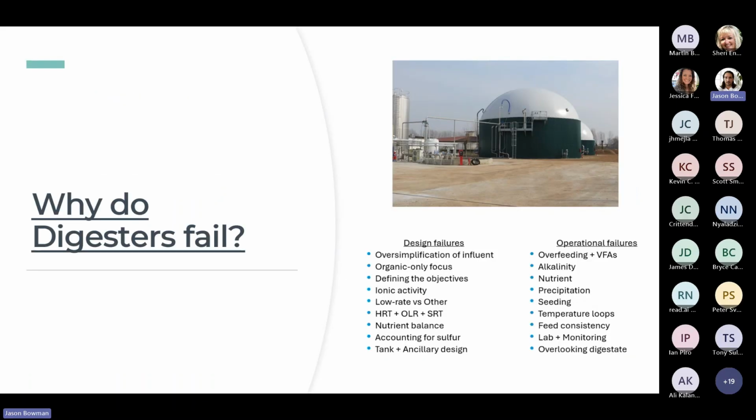So talking about why digesters fail and the need for recuperative thickening or the need to consider this type of process, we typically like to think about failure in two categories. That is design failure, so something we did wrong up front, and then operational failure. What are we doing wrong today? Design failure is almost always associated with having just an incorrect feed characterization.